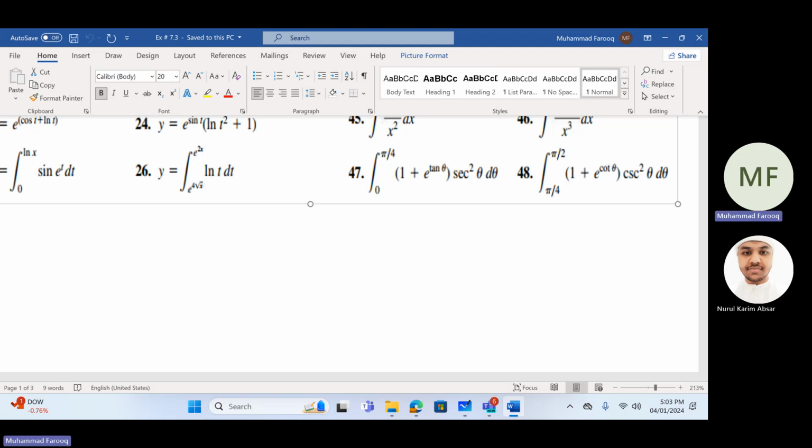Yes, please, what's the answer? e. So it means 47 should have the same answers. Is it 1 plus e, or only e?